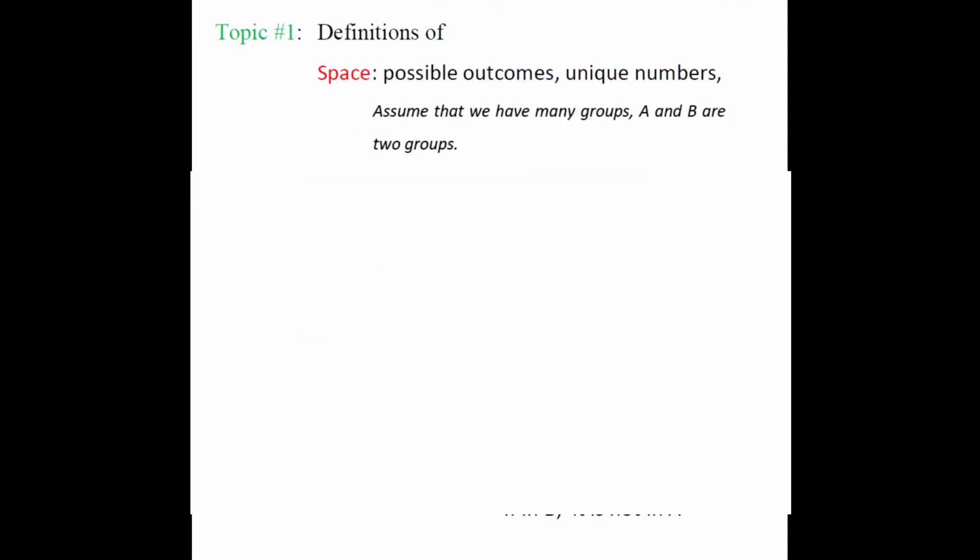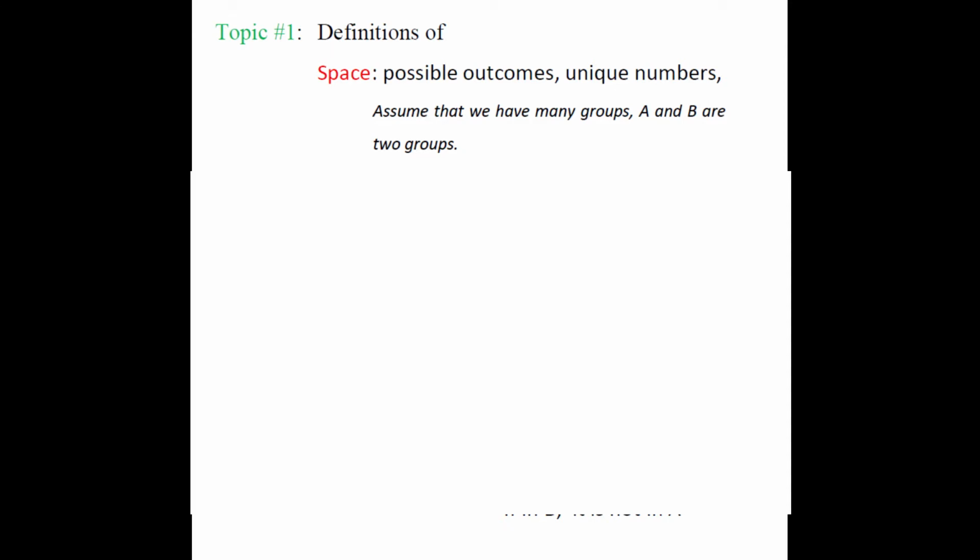Topic number 1. So let's look at the different definitions below. Space: possible outcomes, or unique values. So let's use some examples. Suppose we look at fruits, and suppose we have 10 different types of fruits, like apple, banana, orange, etc. We have 10.